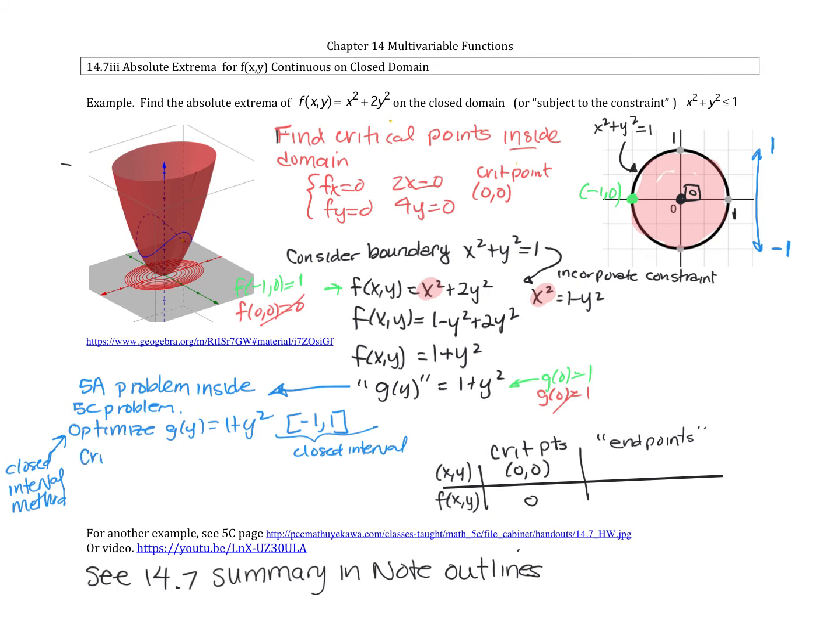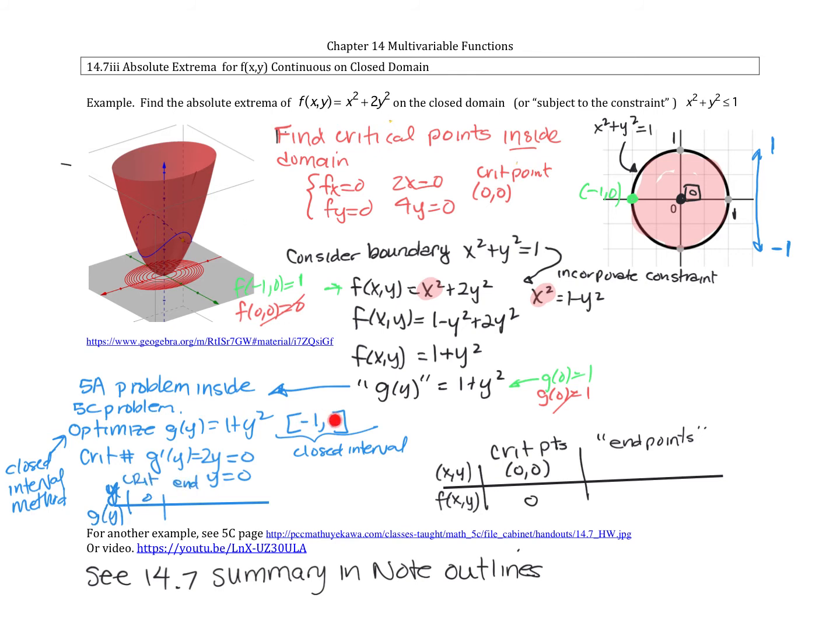We found the critical numbers by taking the derivative, setting it equal to 0. So that was my critical number. Then we just evaluated our function. Whoops, our inputs are y's. Our function is g of y at the critical number and at the endpoints.